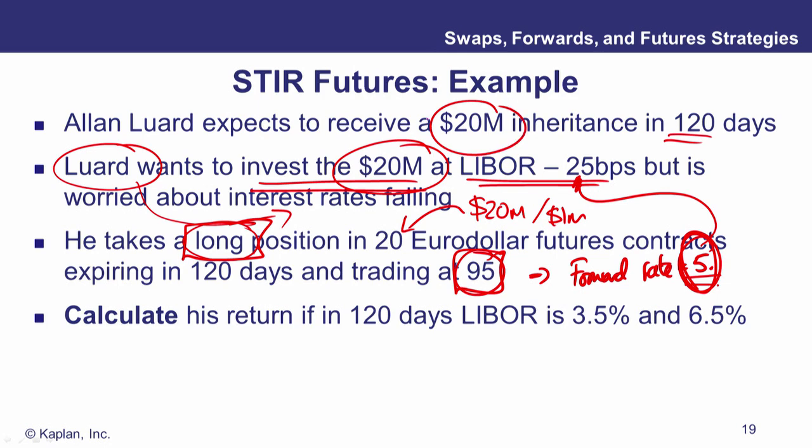That's what we're locking in overall. So what's locked in here? Locked in is 5%, because we get paid if rates go below that, so we're hedged against it. 5% minus our margin, that's 25 bips.